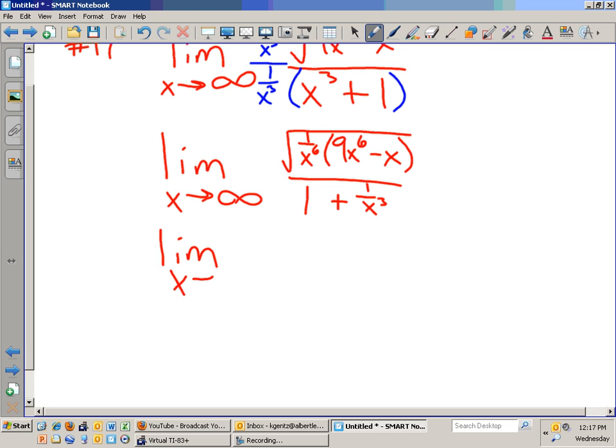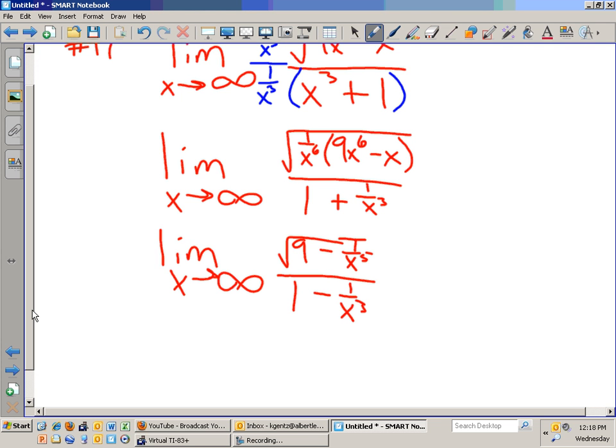So I have the limit as x approaches infinity of, what do you get here? 9 minus 1 over x to the 5th over 1 plus 1 over x to the 3rd. Now, as you allow x to go to infinity, what happens to this 1 over x to the 5th?